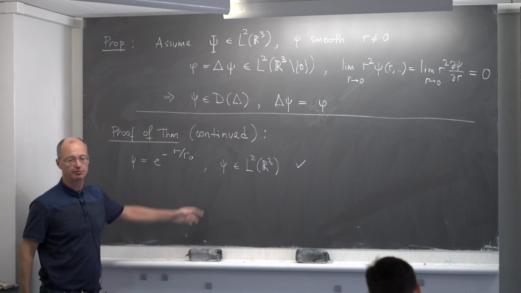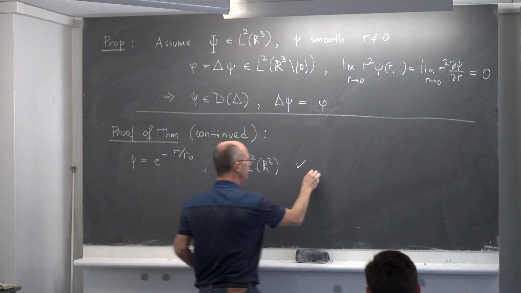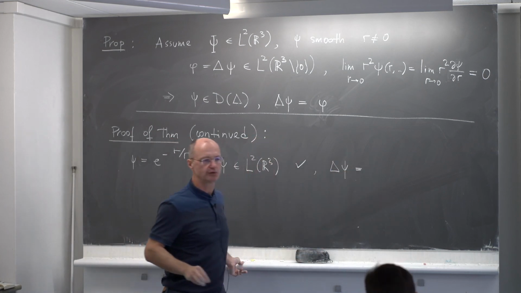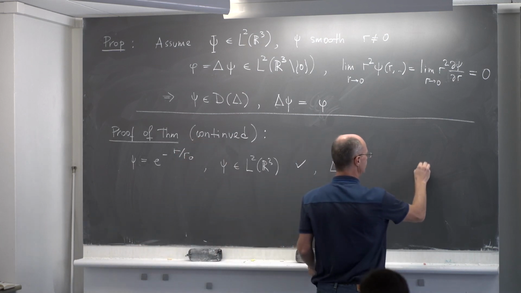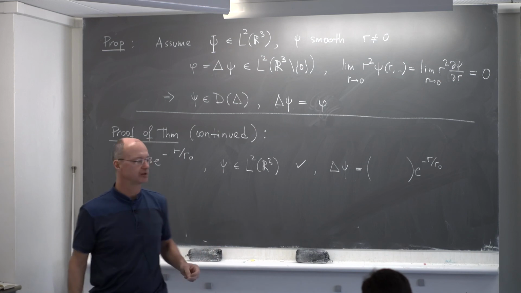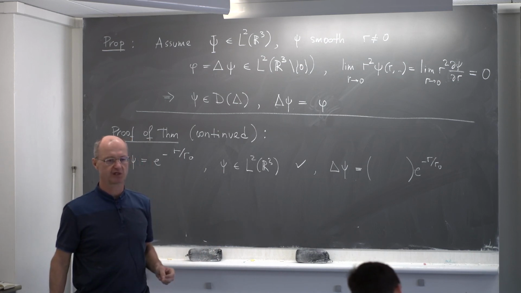So it clearly belongs to L2, right? It's square integrable. Now, could you recall what this thing was? It was proportional to exponential minus r over r naught, and then there was a coefficient. What was the coefficient?